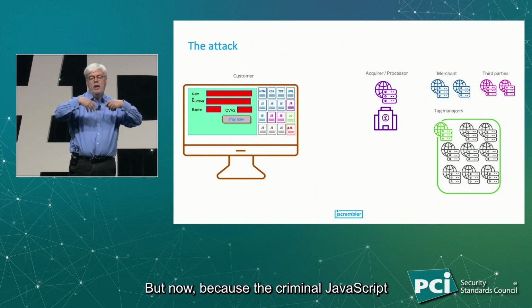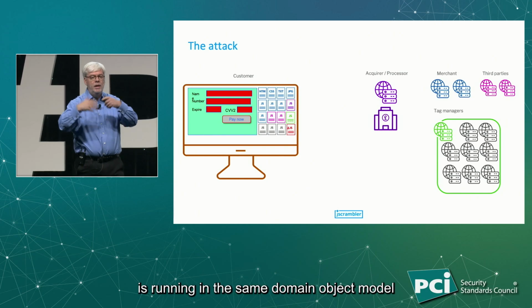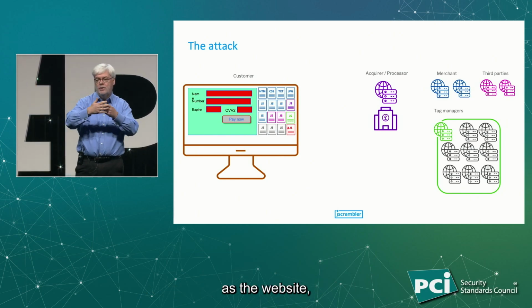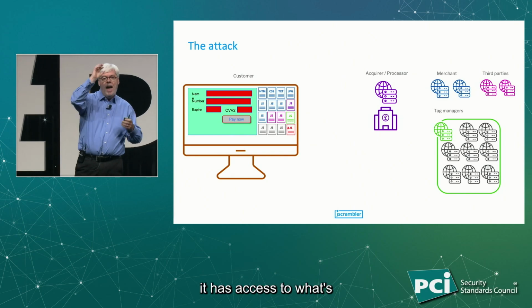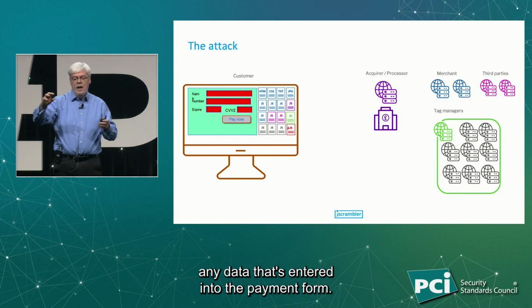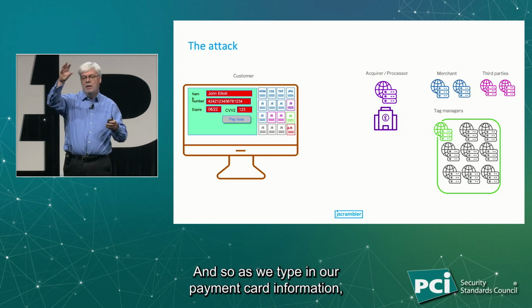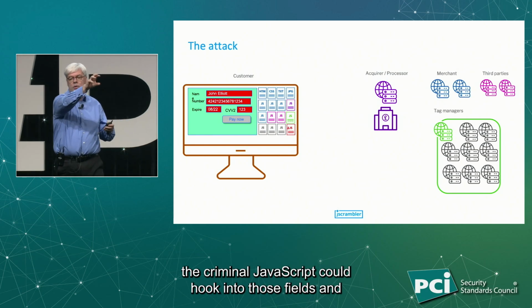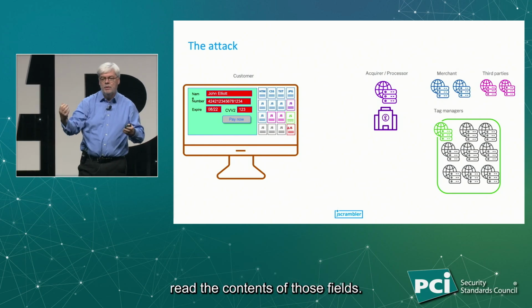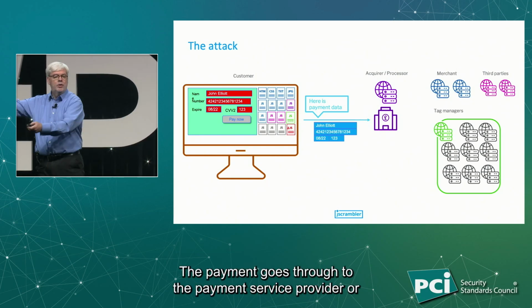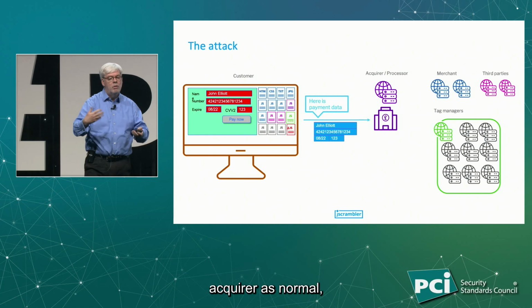But now, because the criminal JavaScript is running in the same document object model as the website, as everything else, it has access to any data that's entered into the payment form. And so as we type in our payment card information, the criminal JavaScript could hook into those fields and read the contents of those fields. So we press the Pay Now button. That's great. The payment goes through to the payment service provider or acquirer as normal.